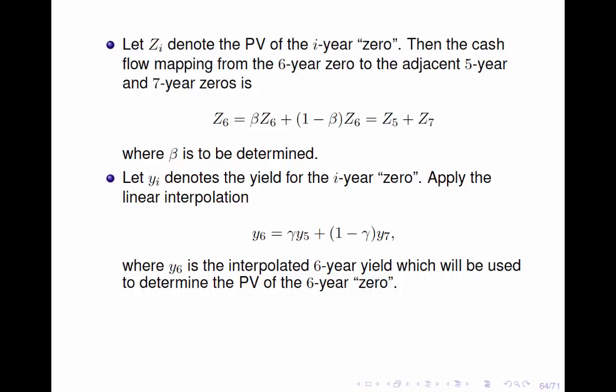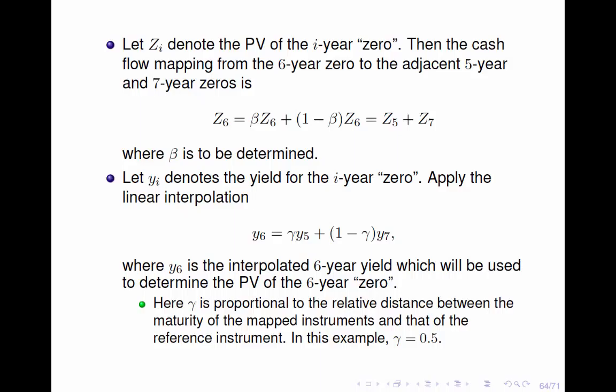Applying linear interpolation, we obtain the interpolated 6-year yield, which will be used to determine the present value of the 6-year zero. Here, gamma is proportional to the relative distance between the maturity of the mapped instruments and that of the reference instrument. In this example, gamma is equal to 0.5.